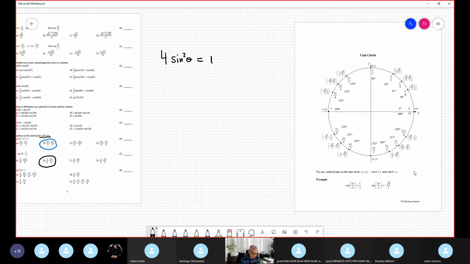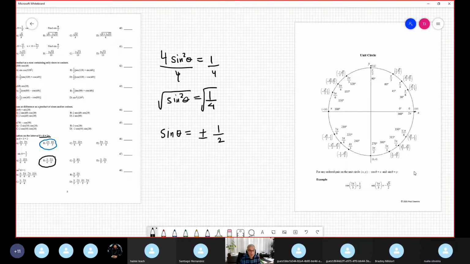What is my goal? As always, my goal is to solve for the trigonometric function, but without the square. Divide by 4 first. So far we have sine squared theta equals 1 over 4. Apply the square root to both sides because I need sine alone. Sine theta is equal to plus or minus, this is 1/2, no?